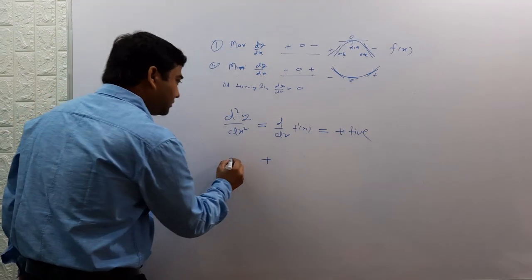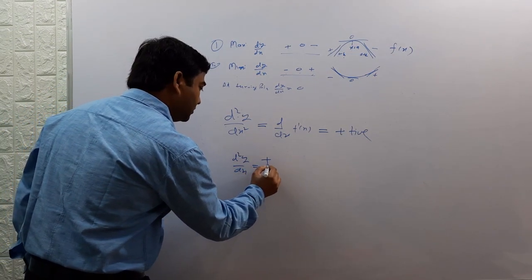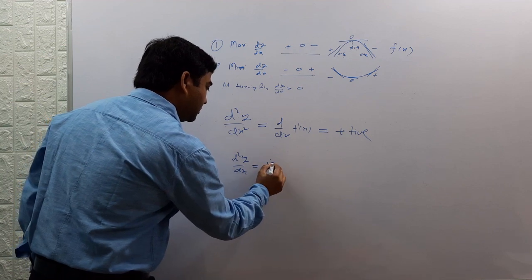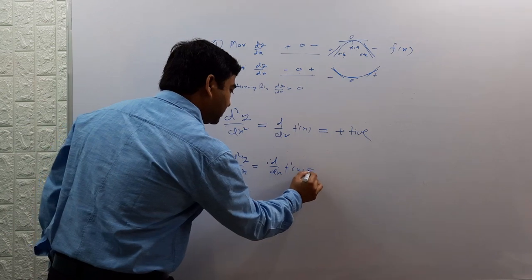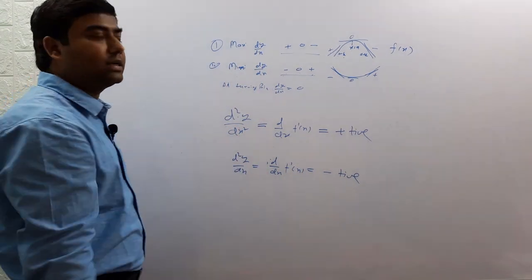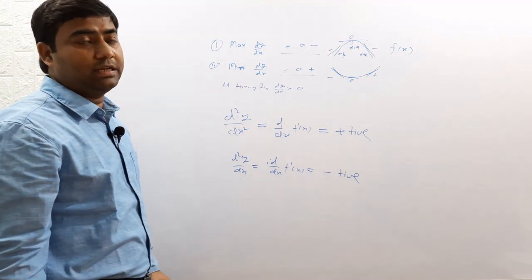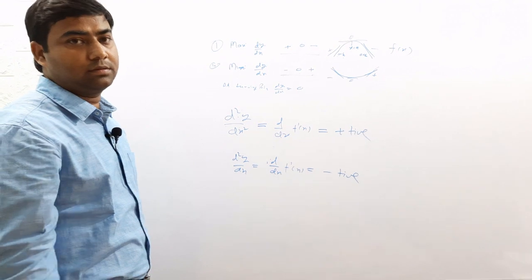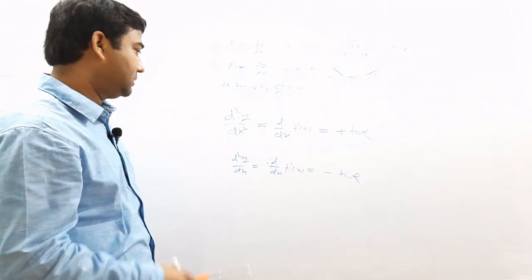Similarly, suppose d2y over dx2, which is d/dx of f dash x, is negative. Earlier we described that if the derivative is negative, then the function is decreasing, and if the derivative is positive, then the function is increasing.